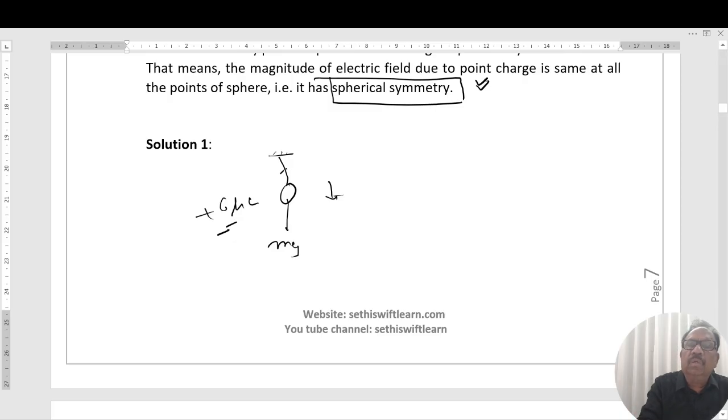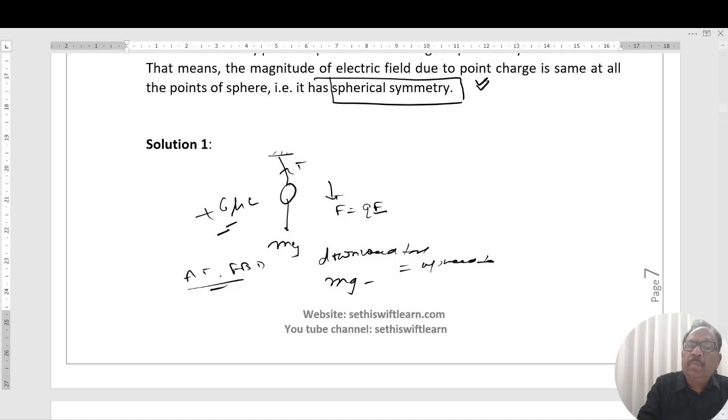This is the string tension, this is the weight, and the force due to the electric field will be qE. According to the free body diagram, the upward force equals the downward force. Downward force means the weight is acting plus the electric force.